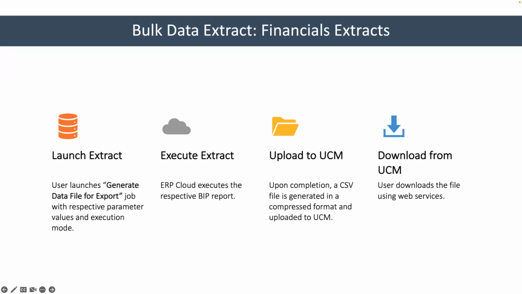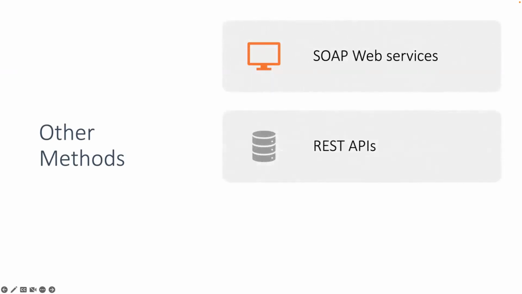There are other methods. I'm going to go through one of them, which is the REST API. REST APIs are used a lot these days. And you've also got ADFdi, which is within the applications that you can use to load data in. Actually, let me show you ADFdi first, and then I'll show you the REST APIs.